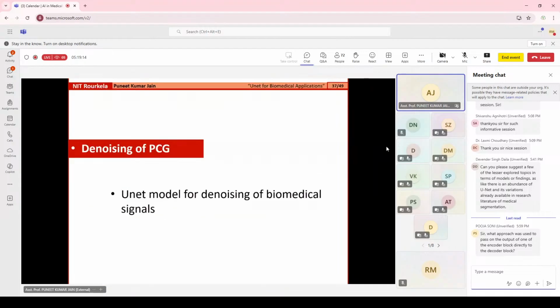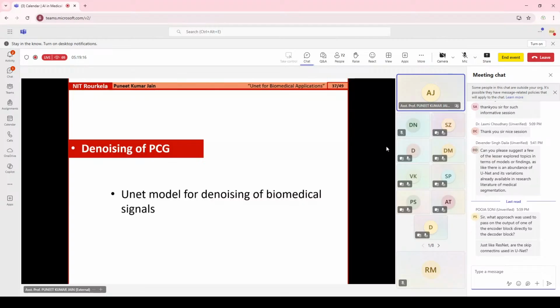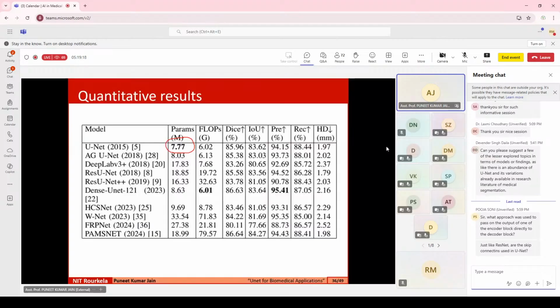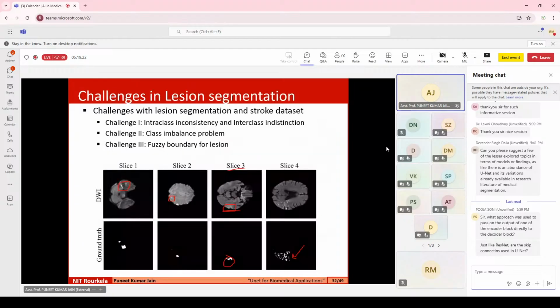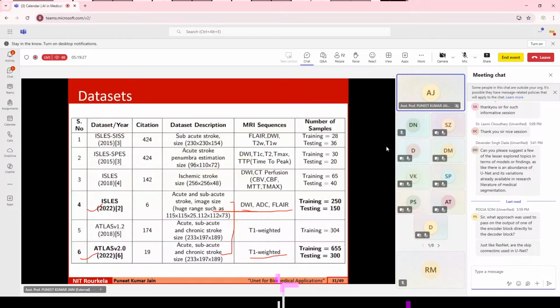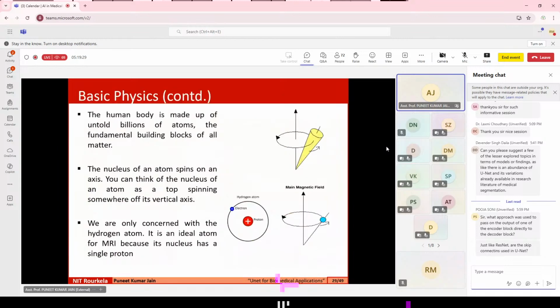In case of the UNet model, whatever the output of the last convolution layer at encoder layer 1 is, that will be passed on. Passing on means we are going to concatenate.